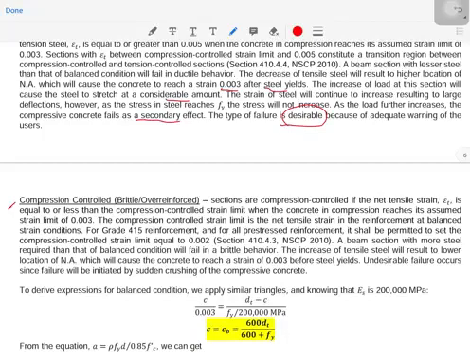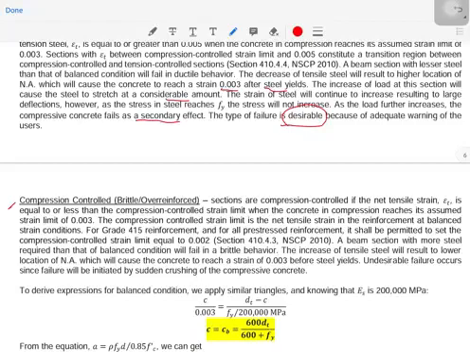So this is the brittle or the over reinforced design. So sections are compression controlled if the net tensile strain E sub t is equal to or less than the compression controlled strain limit when the concrete in compression reaches its assumed strain limit of 0.003. So the compression controlled strain limit is the net tensile strain in the reinforcement at balanced strain condition.